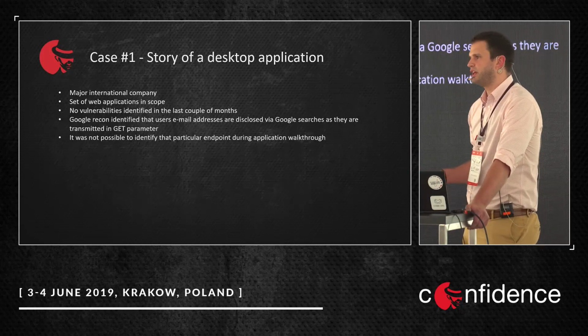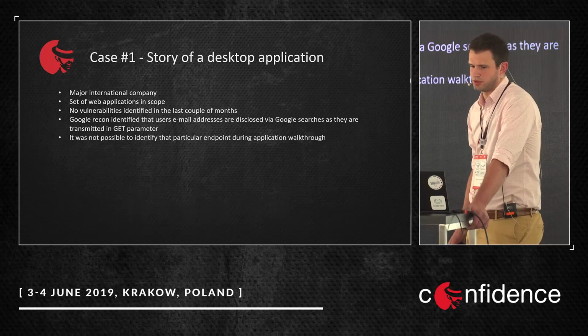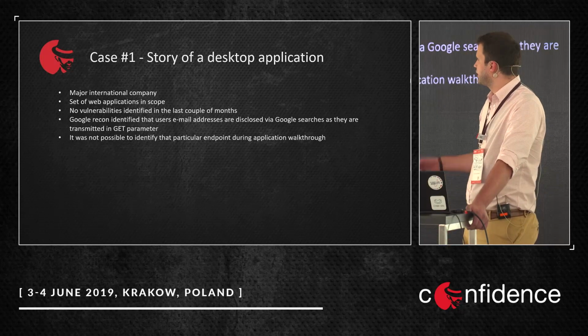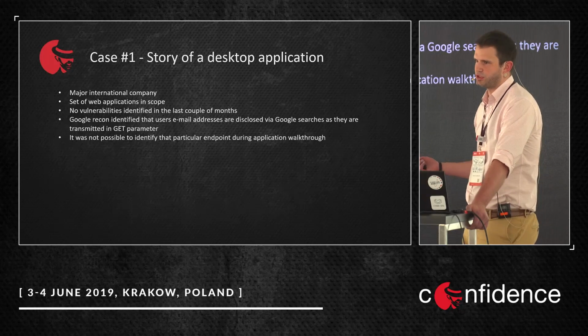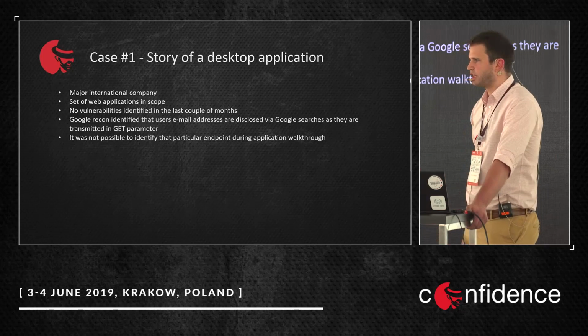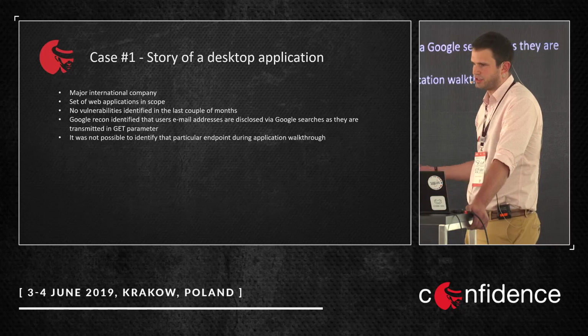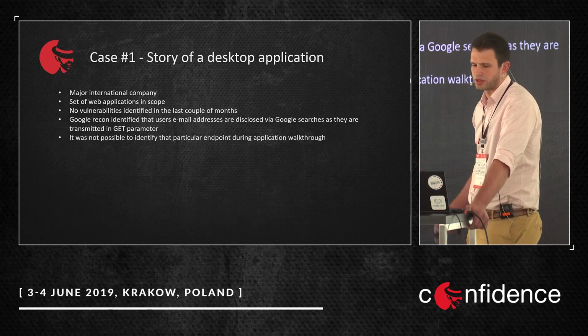Then I went to the application and started to click through it to find the vulnerable endpoint which generates this GET request, because I was thinking, okay, maybe there's some vulnerable form. But I wasn't able to find that function or form which actually generated this vulnerable URL.